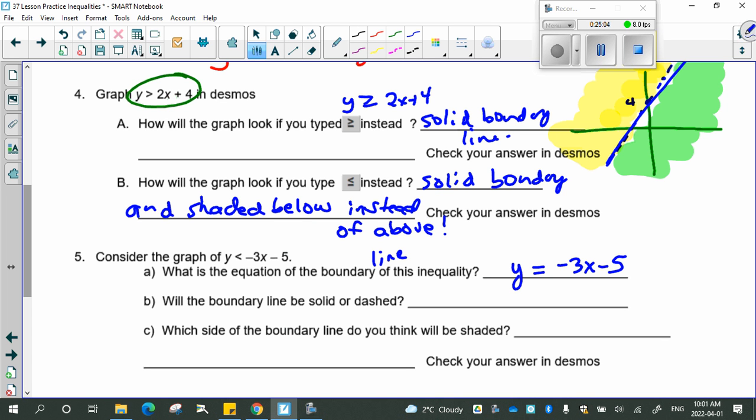Now, before you join the points, you have to decide if it's going to be a dashed line or a solid line. Which one? Dashed line or solid line? Dashed.